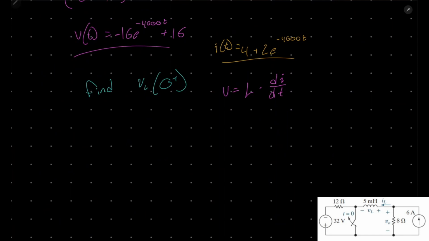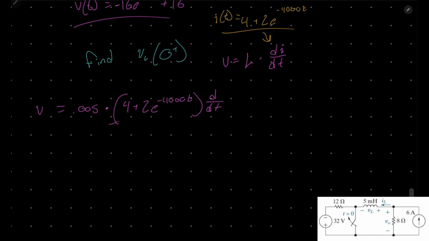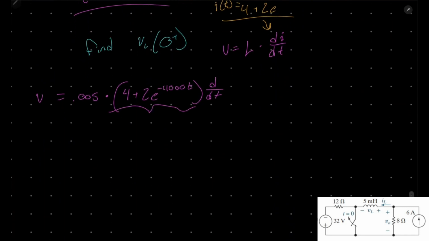When using this equation, we are just going to plug it in for our di dt. And also we'll plug in our L while we're at it. So V is going to be equal to 0.005 times all of that stuff that we put in yellow up there, d over dt. Now we will take the derivative of all of this, and when we take the derivative of 4, it becomes 0.